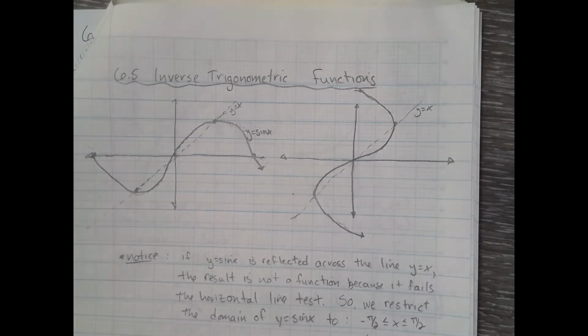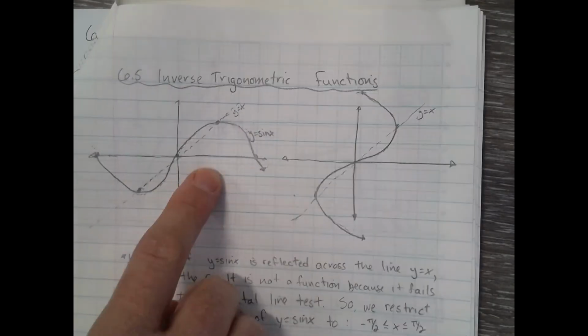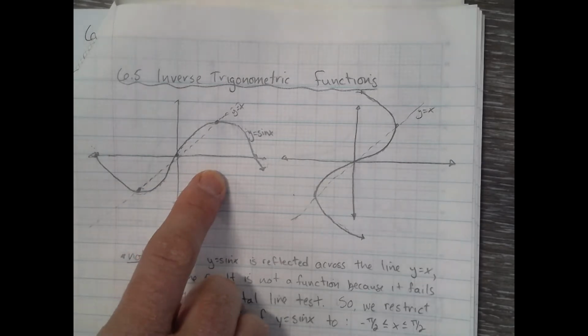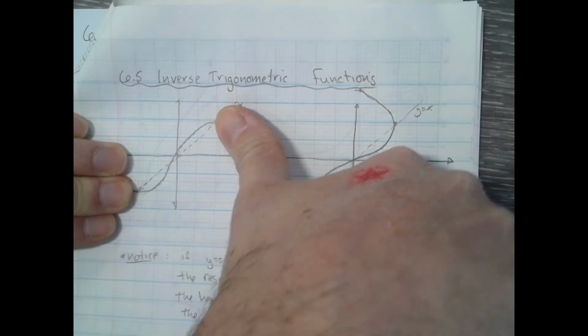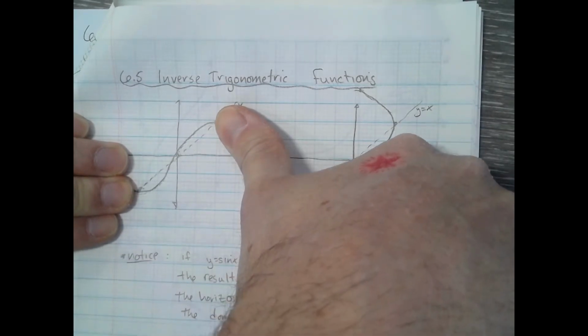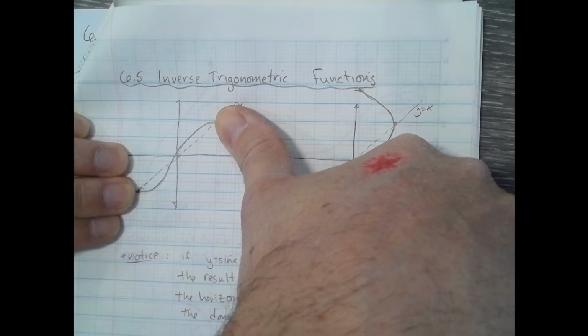Well, we kind of arbitrarily say, all right, we don't have an inverse function for this whole thing. So let's just say we're going to use this much of the graph right there. That portion of the graph is 1 to 1. It passes the horizontal line test, so its inverse is going to be a function also that will pass the vertical line test.